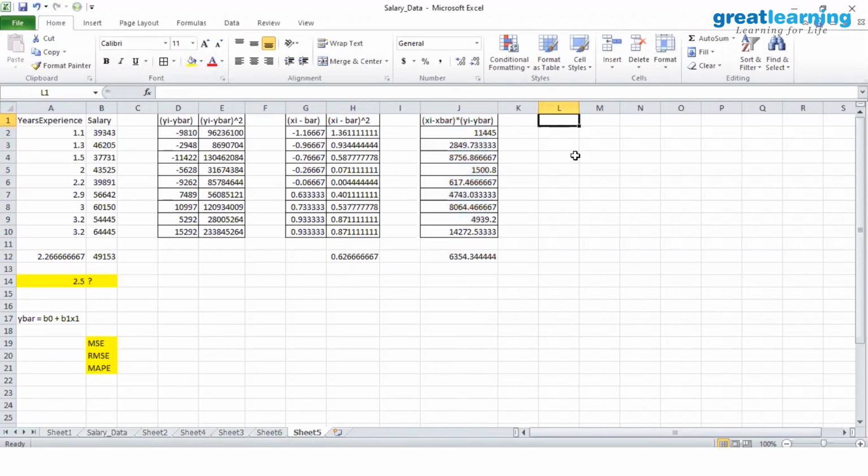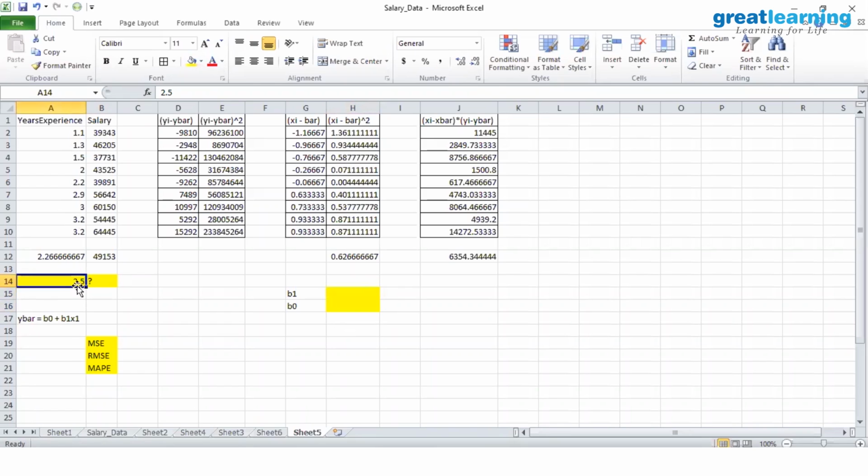Now our objective is to find B1 and B0. If I know B0 and B1, I could put the values here and find the y value.